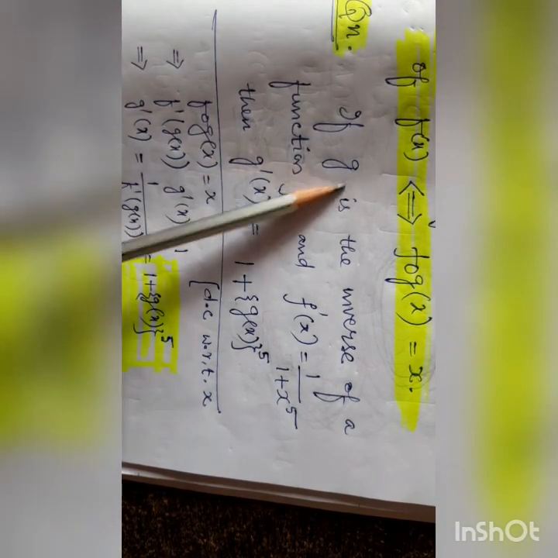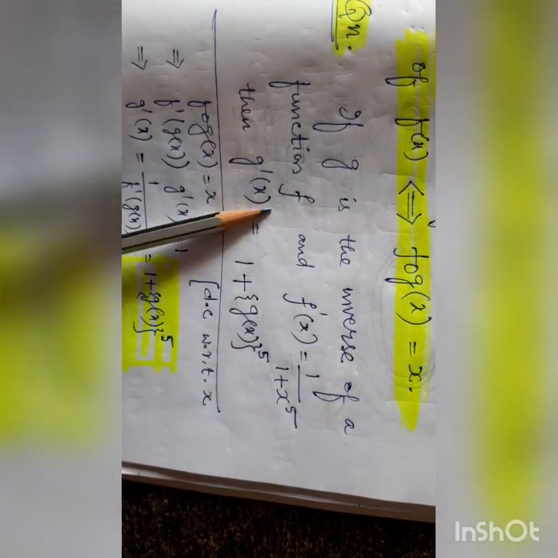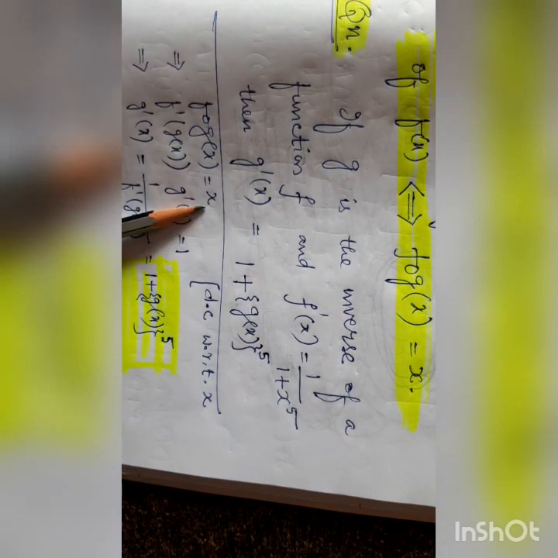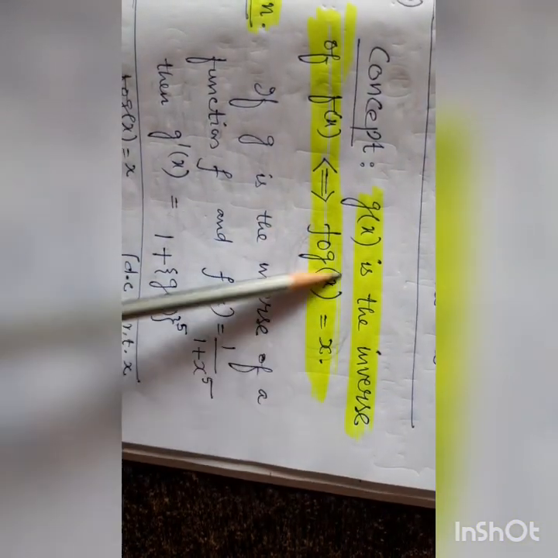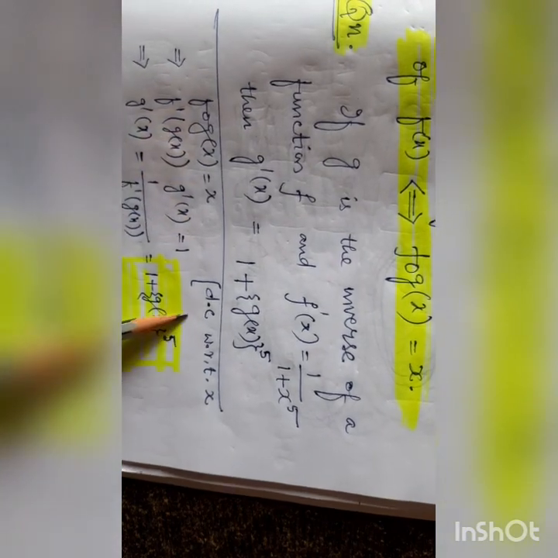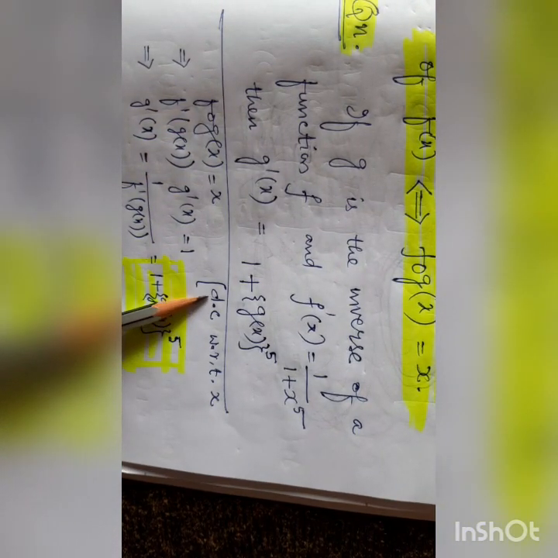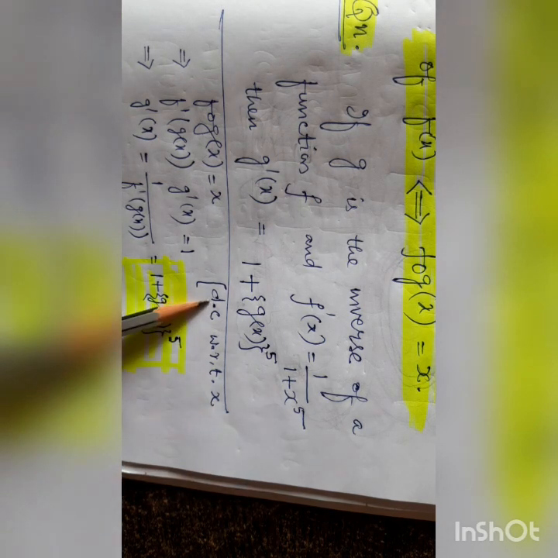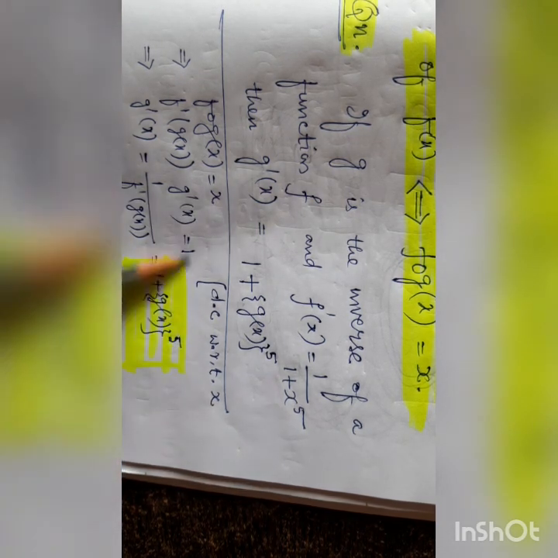So g is the inverse of f of x. Immediately f circle g of x equals x. This is the principle of the inverse function. Now what we are going to do? Differentiate with respect to x, the differential coefficient with respect to x.